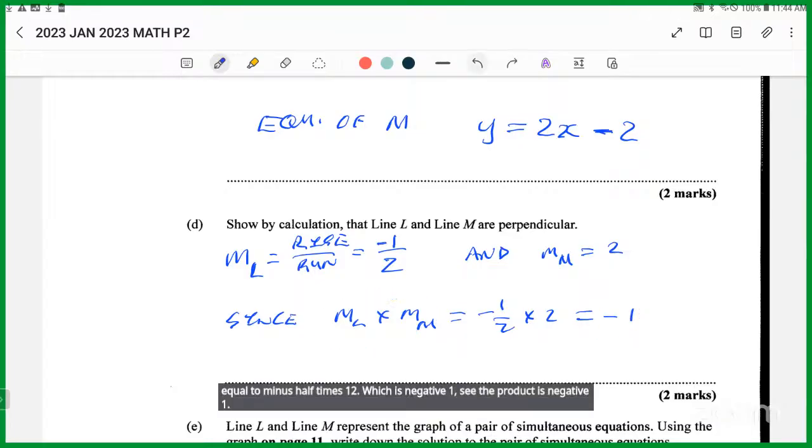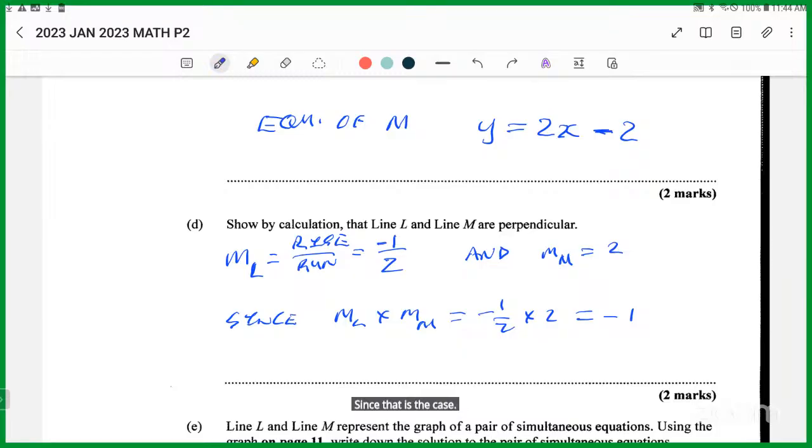Since the product of gradients equals minus 1, it means that L and M are perpendicular. That is it. We show that when you multiply the gradients you get negative 1 when the lines are perpendicular.